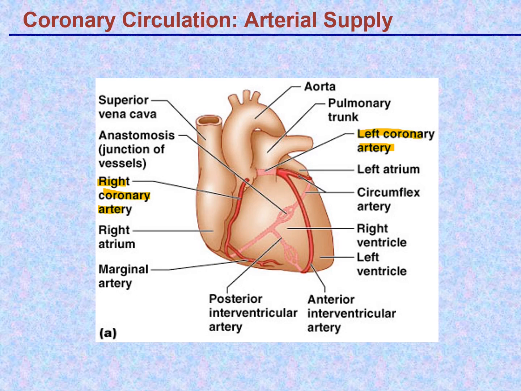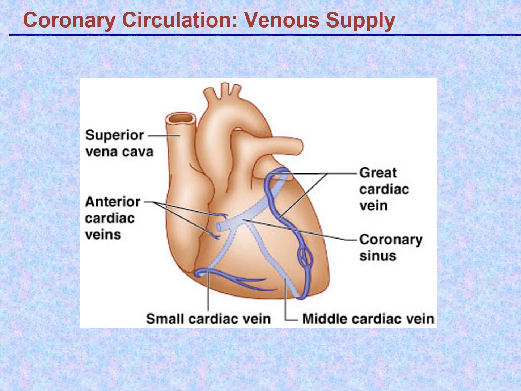I would only want you to know the ones I mentioned. And this is the arterial supply. There's the venous supply going back to the coronary sinus.